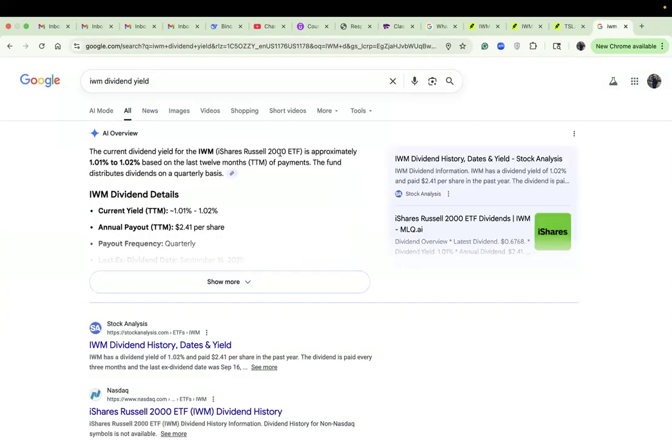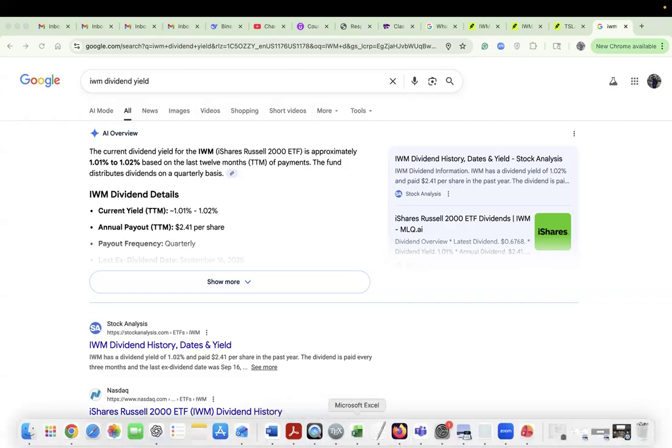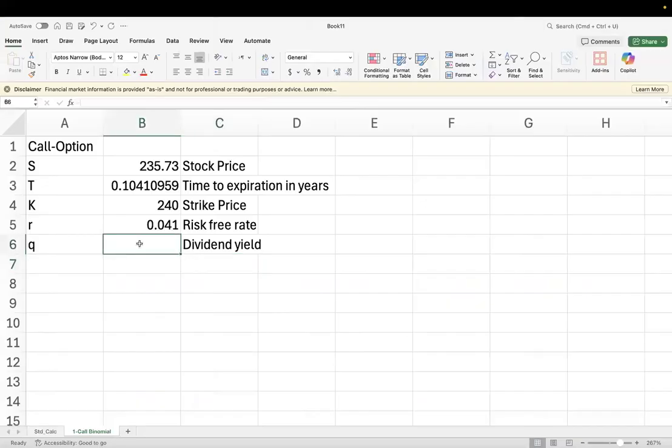And we can just find, we will see that the current dividend yield for IWM is approximately 1.01 to 1.02 based on the last 12 months. So it's 2.41. Let's use, here it says it's 1.02. Let me use that one, 1.02%, which is 0.0102.